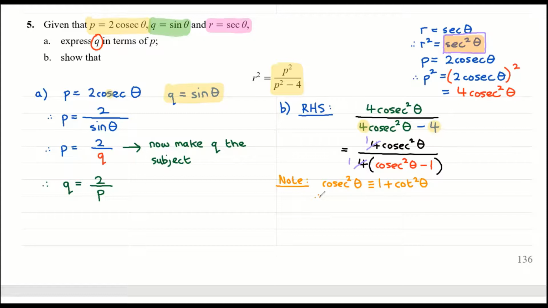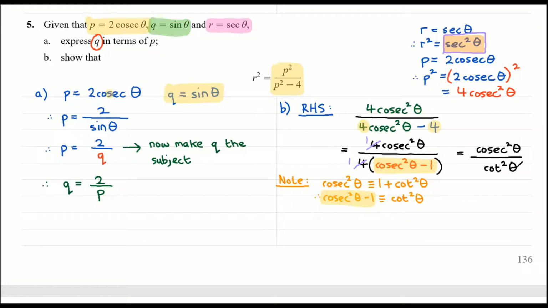So therefore, with a bit of rearranging, if I subtract 1 from both sides, I get cot squared theta, but I also get the cosec squared subtract 1, which is exactly what I have in the denominator here. So I can replace it, and I just do that step on the side there so we can see the simplification. So we're going to get cosec squared theta over cot squared theta.